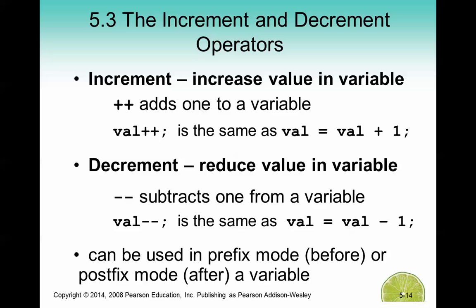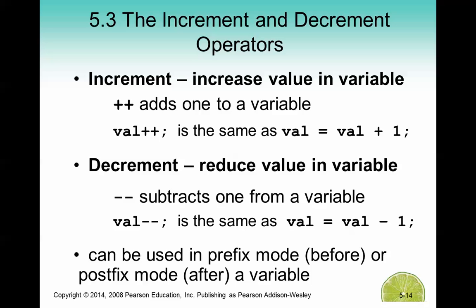We have two operators that we can use. The increment increases the value in a variable, and it's always going to be adding 1 and only 1. When we were using the plus assignment operator, we could increment in 5s, in 10s, in 20s, in 0.6, any value that we want.